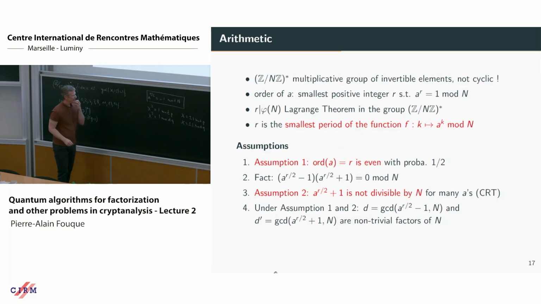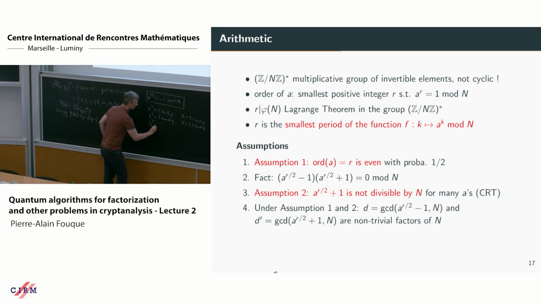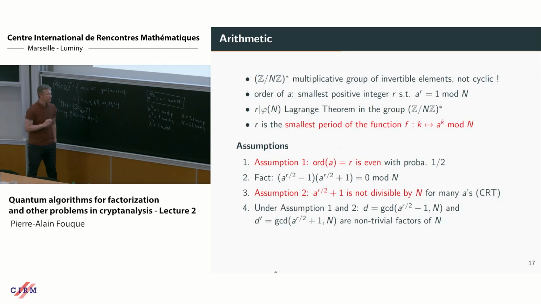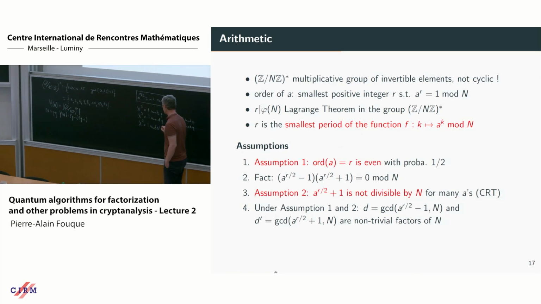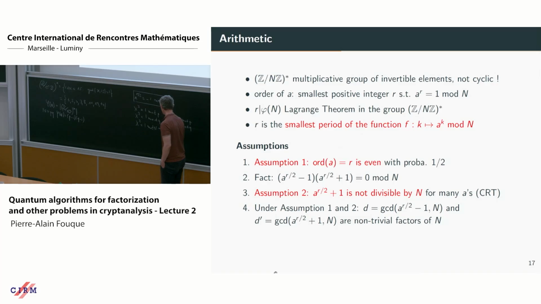But if you are interested in the number of solutions of this equation mod n, the number of solutions is higher, okay? Why? Because if this equation is true, that means that you also have x squared equal to 1 mod p and x squared equal to 1 mod q.